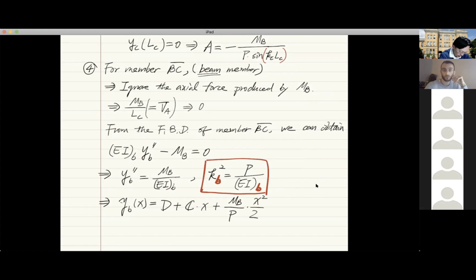Now here, should there be a KB squared there? We already divide everything by KB squared. And here, be careful with the first order and the second order terms.